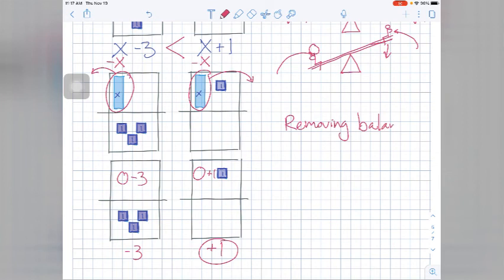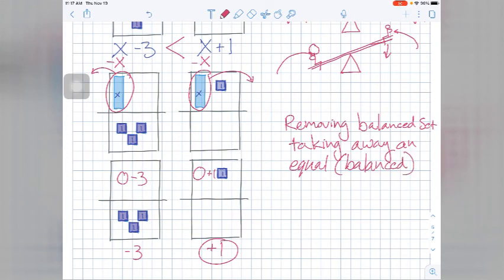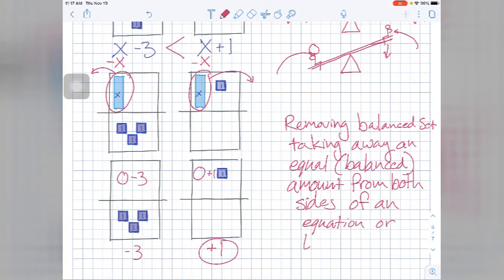And removing a balanced set is taking away an equal, also known as balanced, amount from both sides of an equation or two compared expressions.